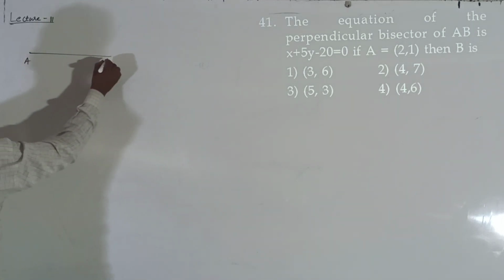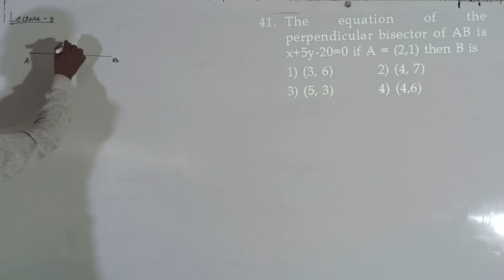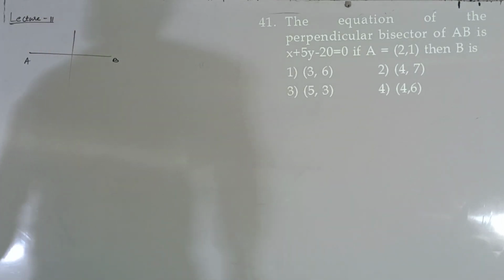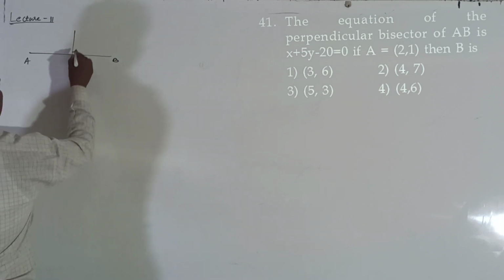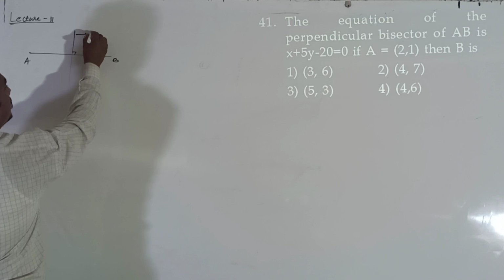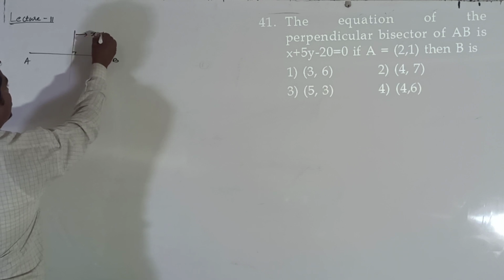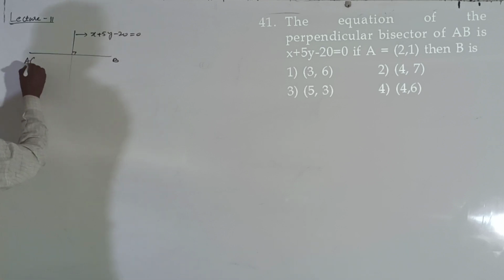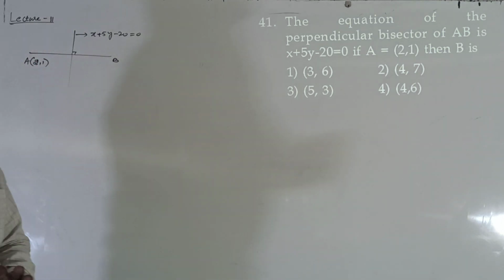Suppose this is A and this is B. The perpendicular bisector of AB is perpendicular and bisector. This is the perpendicular bisector whose equation they have given, that is x plus 5y minus 20 equal to 0. Can you tell me the equation of the AB line?